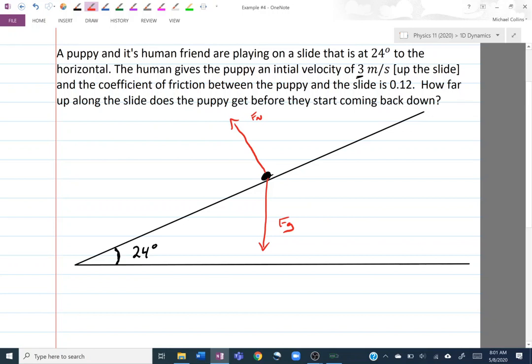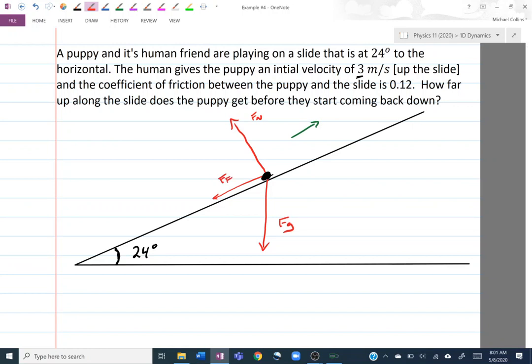If the puppy is traveling up, and I'm going to draw this away because I don't have any arrows on my free body diagram that aren't forces, we're going up, then my force due to friction is going to be downward. This will be my force due to friction.